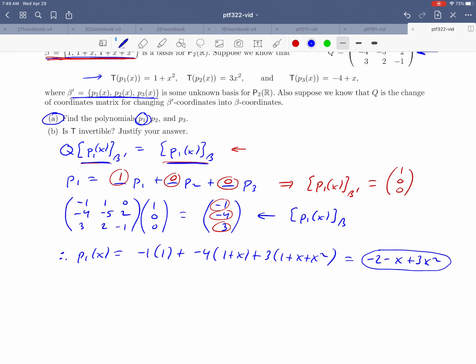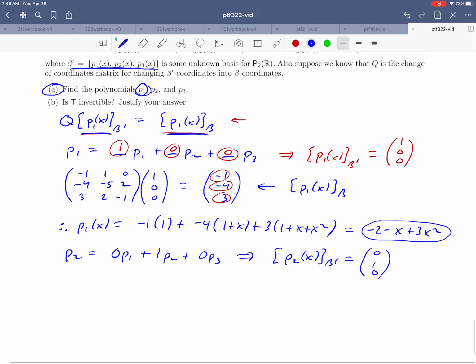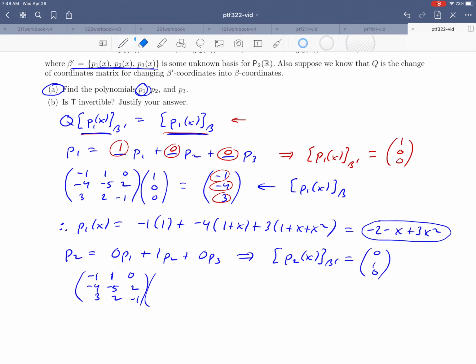To get p2 and p3, we essentially repeat this process. Notice that p2 is 0 p1 plus 1 p2 plus 0 p3, which tells us that the coordinate vector of p2 relative to the unknown basis is 0, 1, 0. We're going to take that 0, 1, 0 and multiply it by our matrix. That's going to give us the second column of the matrix.